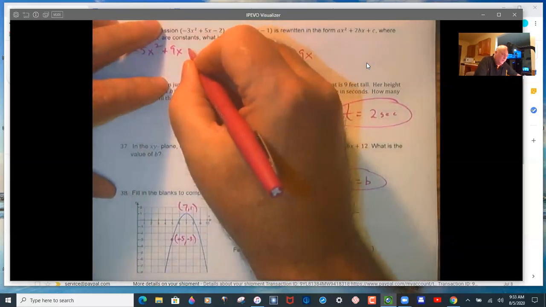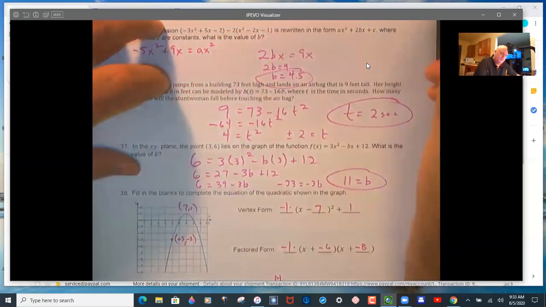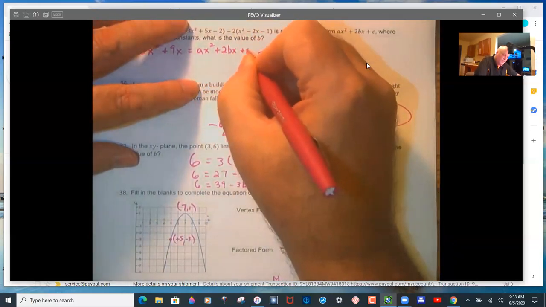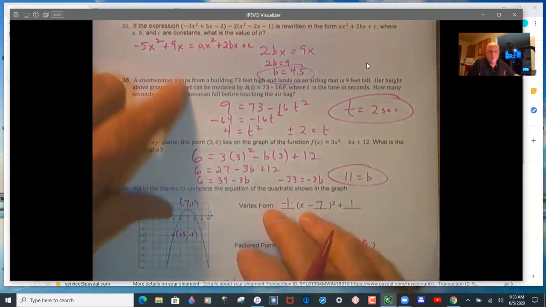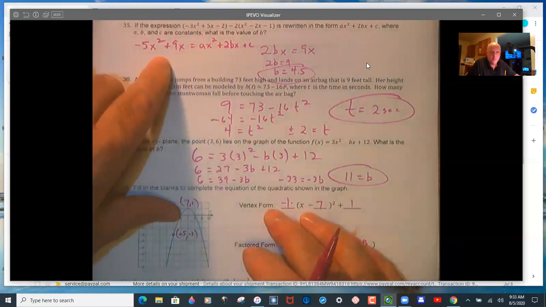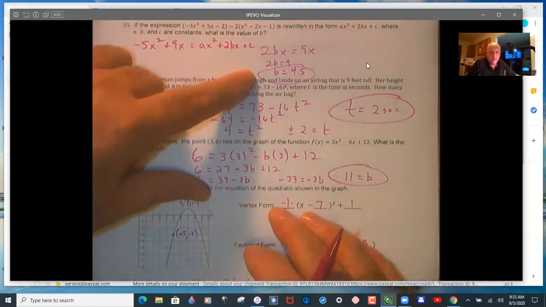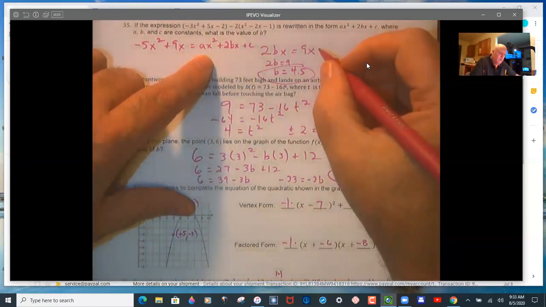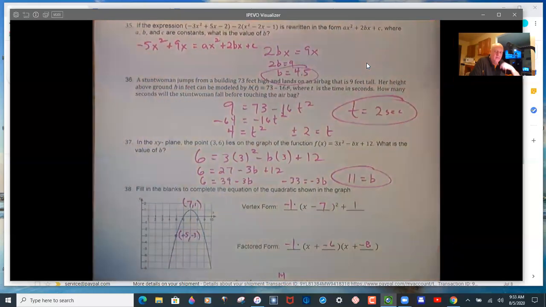So this equals ax squared plus 2bx plus c. So what is a? Negative 5, that's not what we want. What is b? So 2b equals 9. B is 4.5. And then c would be 0.